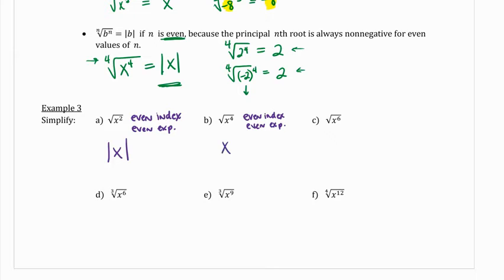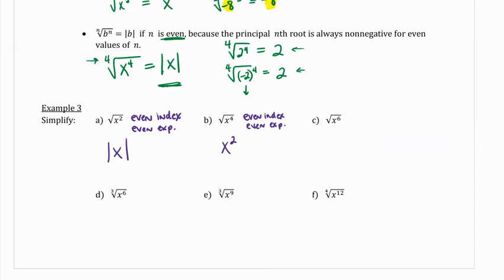I'm going to get x squared, right? Now, normally I'd say, well, this means we need absolute value. But if our answer is x squared, whatever we plug into that is going to get squared, which means it's going to end up positive anyway. So on this one, we don't need absolute value.